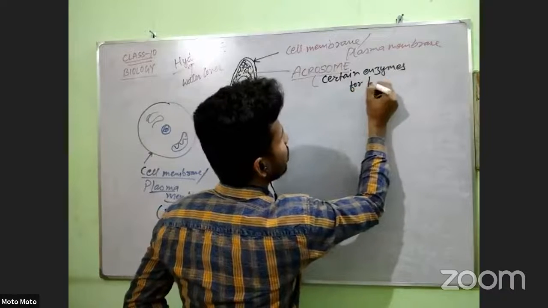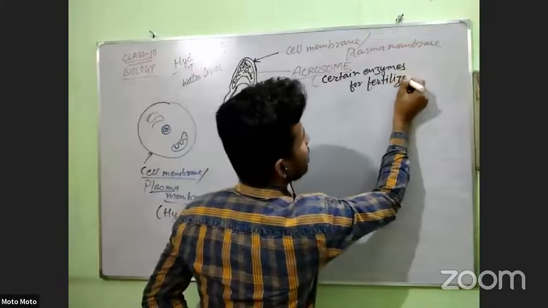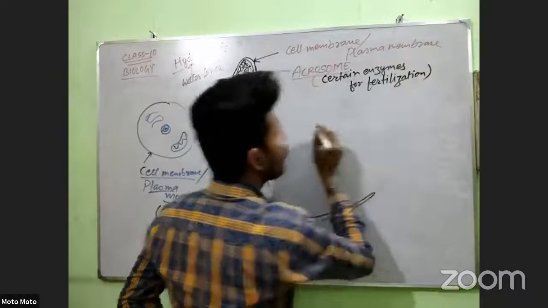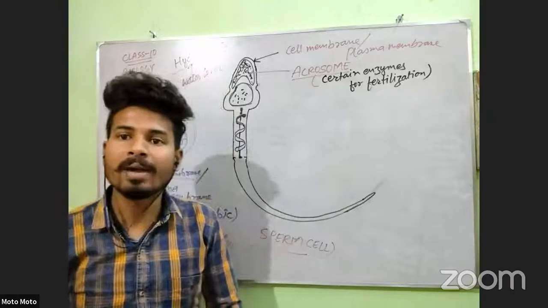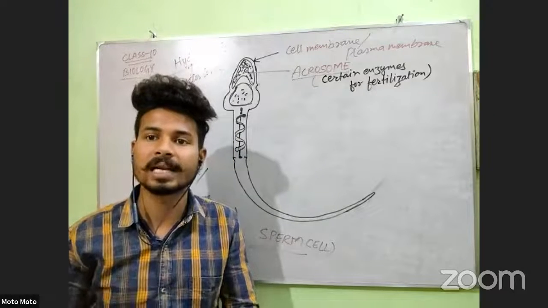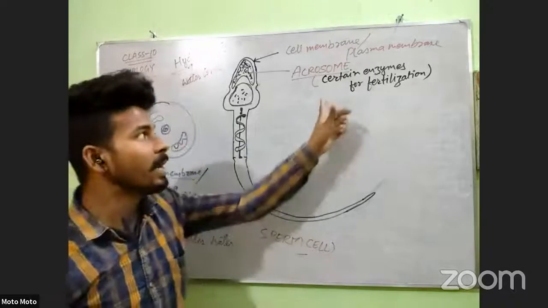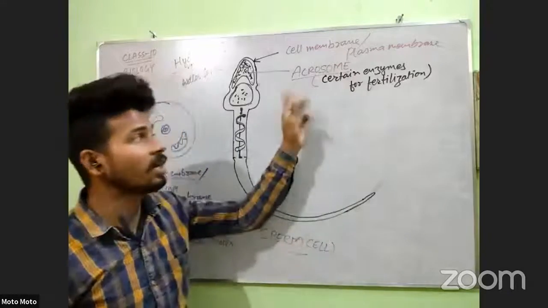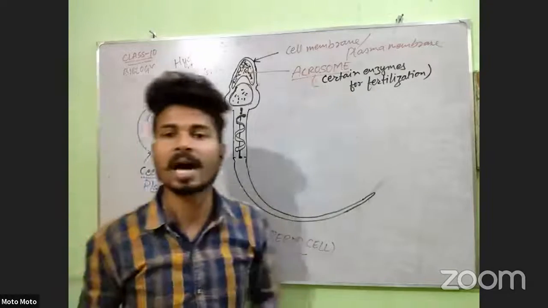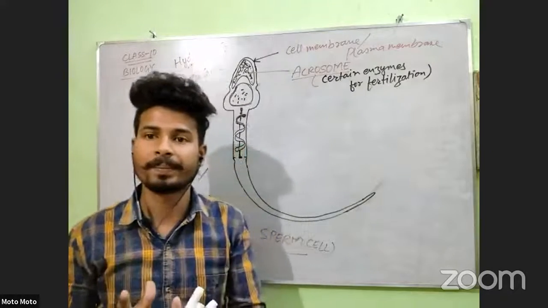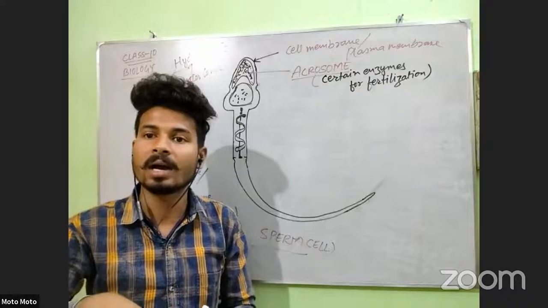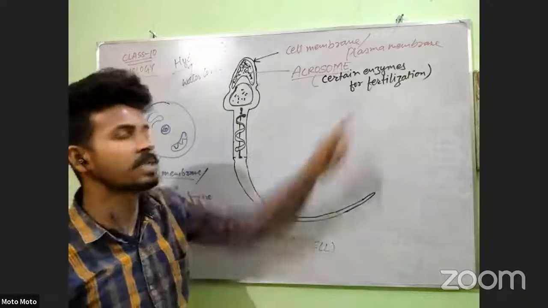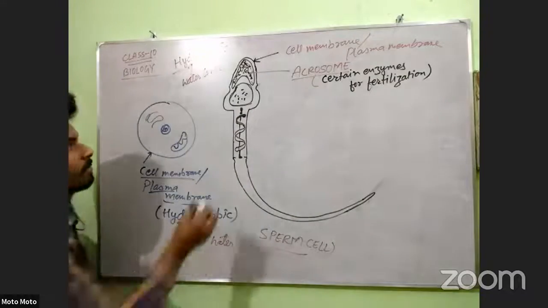For the fertilization process, first of all, the sperm has to reach the ovum, and for reaching the ovum, it has to break the different layers that surround the ovum. For breaking those layers, the acrosome enzymes are responsible. Are you clear? So the acrosome contains certain enzymes that break the layers surrounding the ovum, and it helps in the fertilization process.